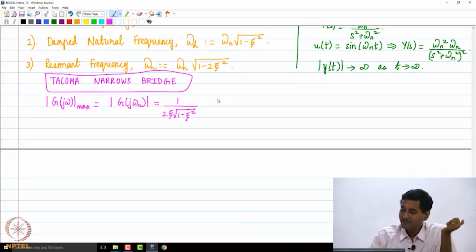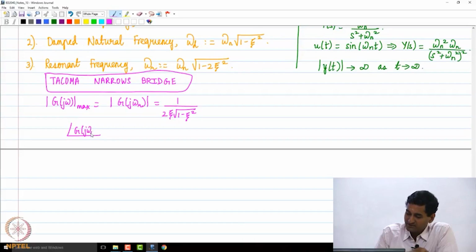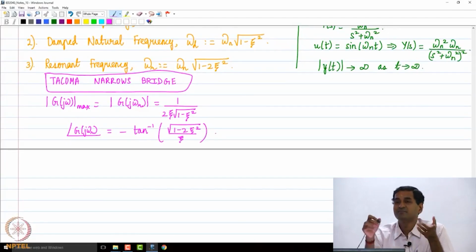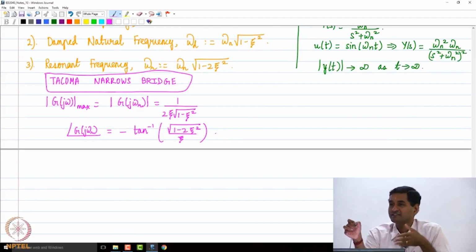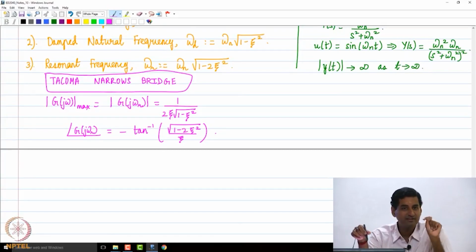The phase of g of j omega at omega equals omega r, if you substitute in the equation for the phase, you will get minus tan inverse of square root of 1 minus 2 zeta square divided by zeta. Immediately you see that the maximum magnitude and the phase at the resonant frequency depend only on the damping ratio zeta. You can just substitute and figure it out, very straightforward.